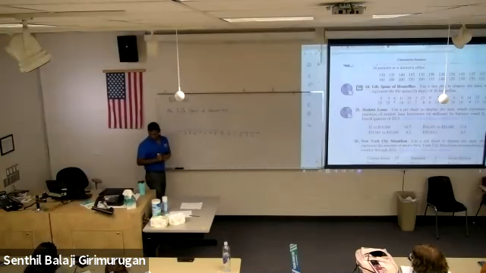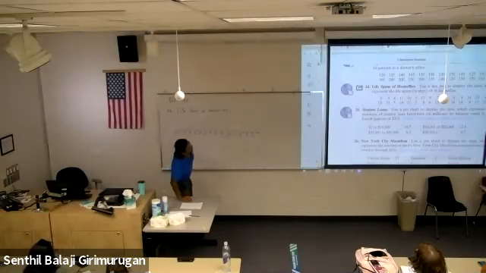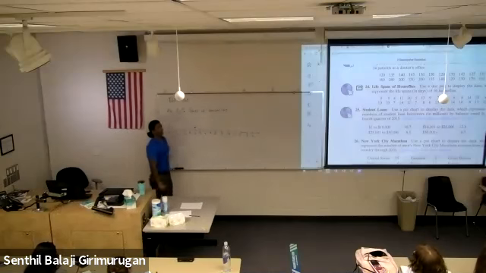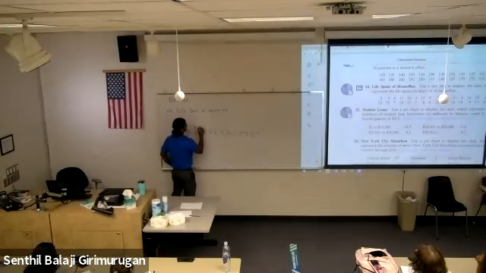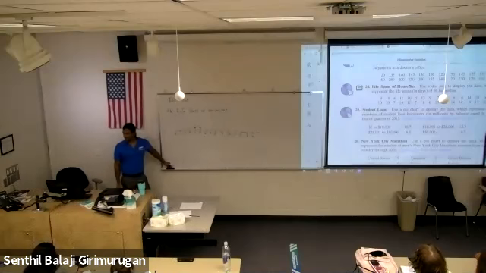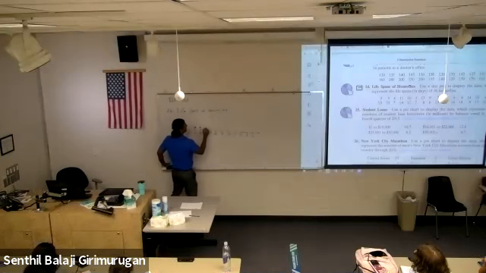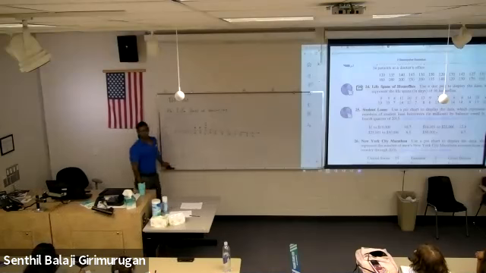So we've got 1 at 4. How many do we have at 4? Just 1. So we put a dot. How many 5s do we have? I see 1. A dot. How many 6s do we have? I see 3. So we put dot, dot, dot.